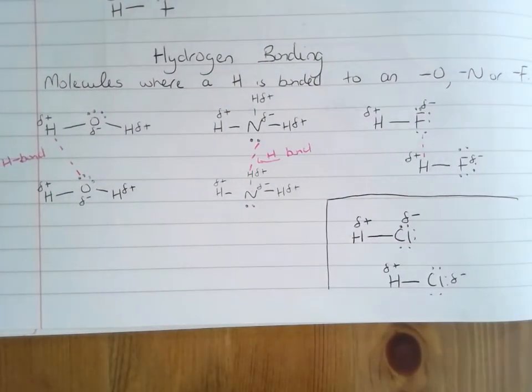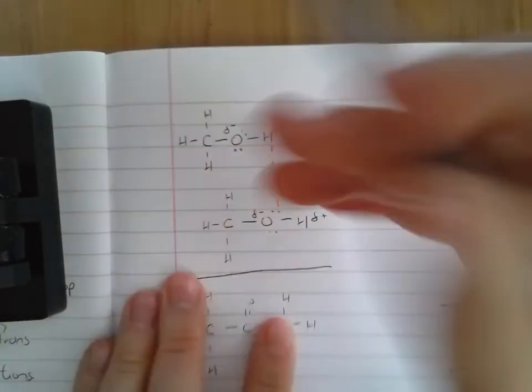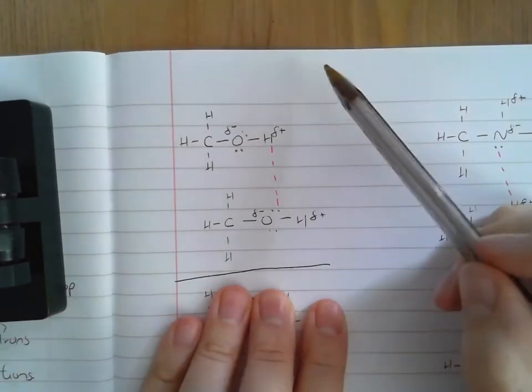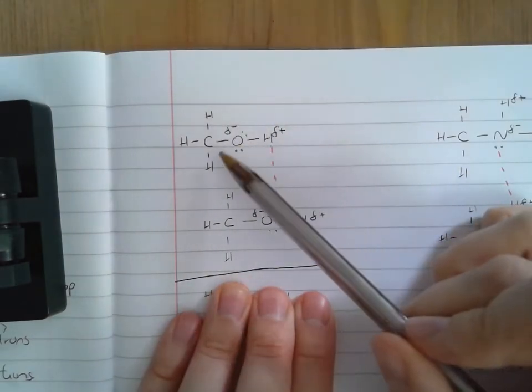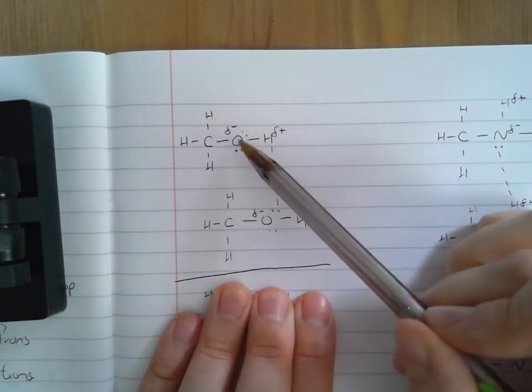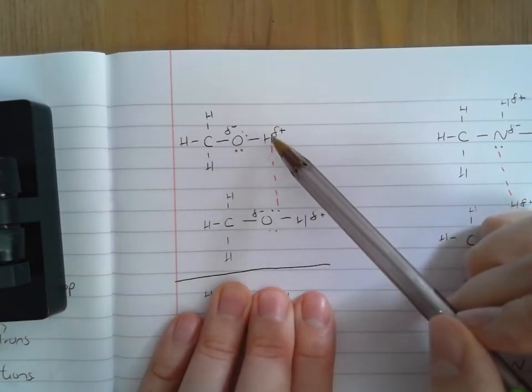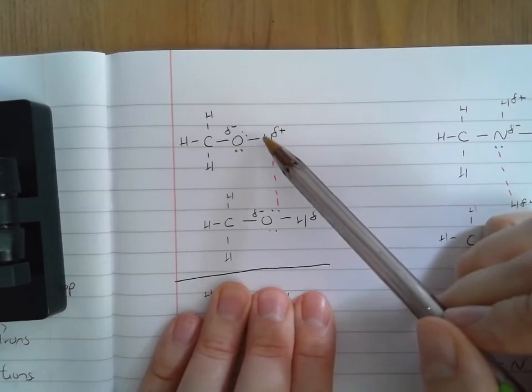So if we just take a look at a few more examples of this. I've just used simple examples: water, ammonia, and hydrogen fluoride. So let's look over here at another example. In this case, I have drawn methanol. So I've got a CH3 bonded to an OH. So I've got oxygen directly bonded to hydrogen within the molecule. That means I can have hydrogen bonding.